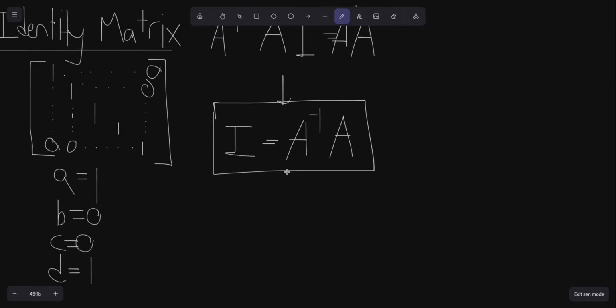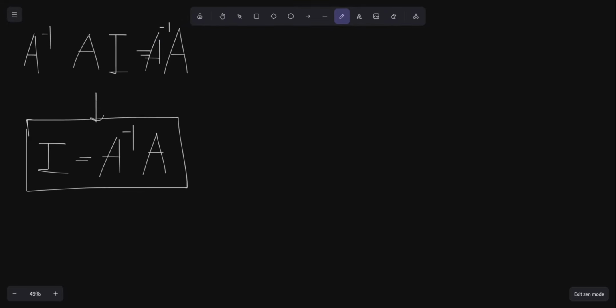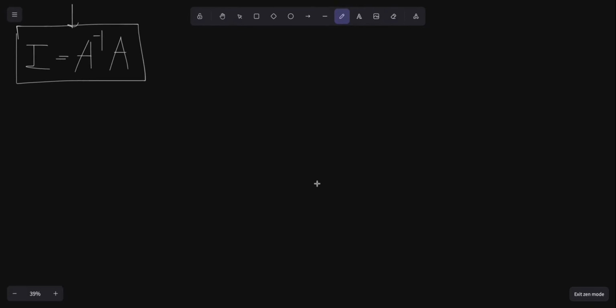Okay? So how do we actually solve for the inverse of a matrix? And we're only going to do 2 by 2 matrices in this video. The way to do it for a 2 by 2 matrix is different from the way you do it for a 3 by 3 matrix. It gets a lot more complicated, and you need a lot more computation to do that.